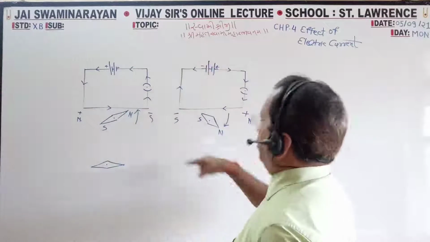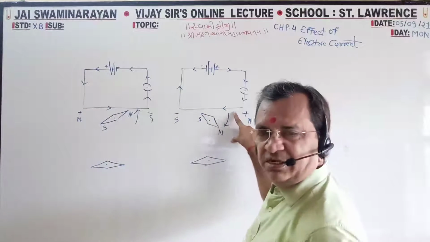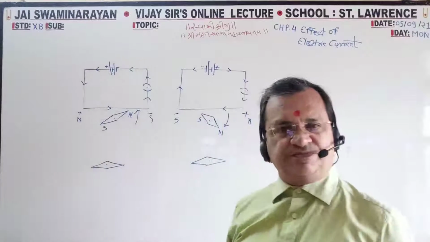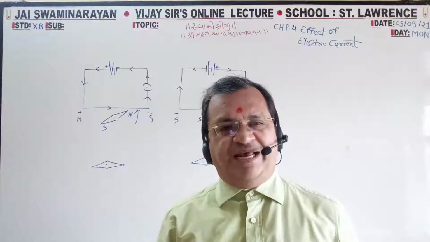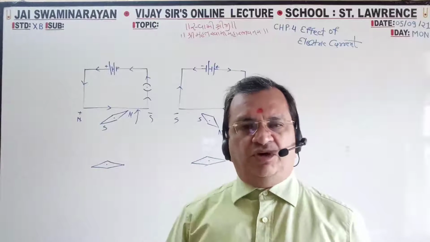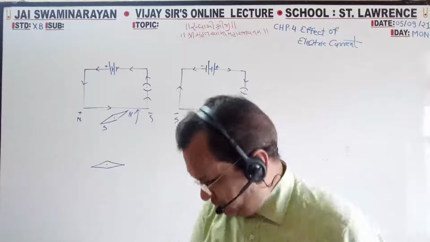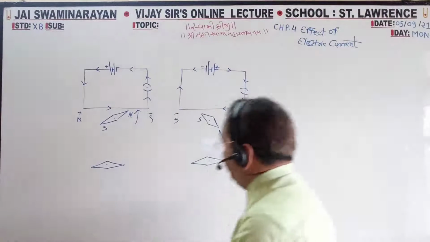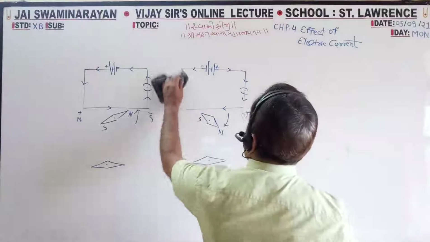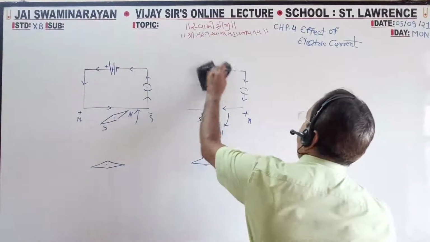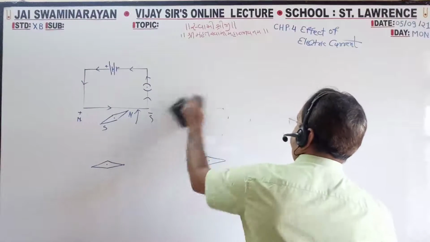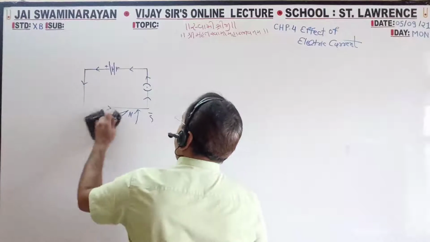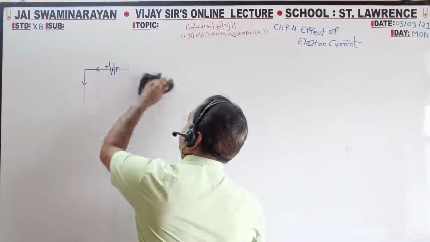If it is clockwise, the north pole is repelled. When it is anti-clockwise, the north pole attracts. So when the direction changes, the opposite pole will attract. So that is the first. All the magnetic experiments were given by Michael Faraday. The name of the scientist who worked on electromagnetism is Michael Faraday.